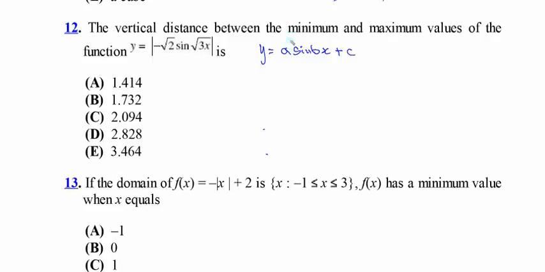Okay, the amplitude, vertical distance, that means the highest point, distance between the highest and the lowest point. So that is actually determined by this A. Okay, that will decide the vertical distance between the maximum and minimum. Now let's look at this function here. Y equal to minus square root 2 sine, or you could have whatever, okay, we call it Bx.